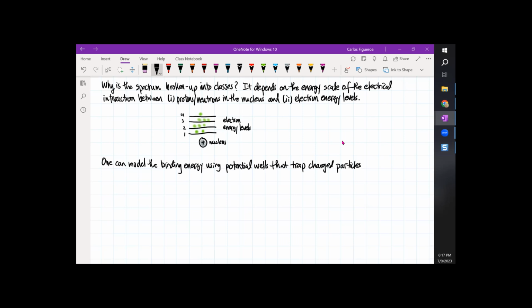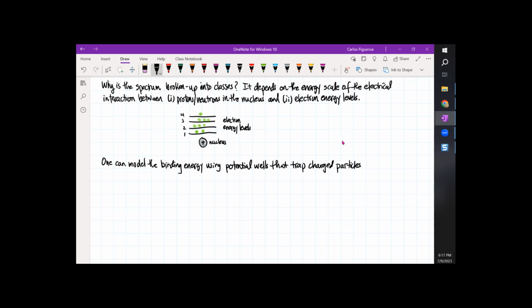Now note, a neutron is not charged, but it still has a potential well. So there's really only 2 ways that one can bind these guys here.